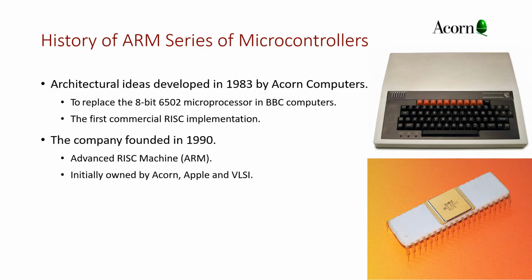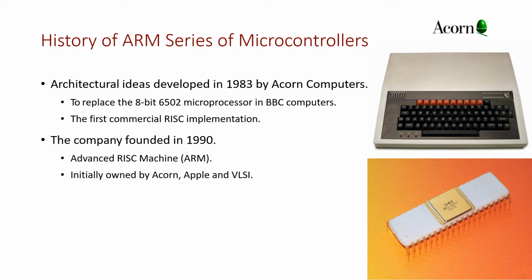So the main purpose is to replace the 8-bit microprocessor 6502, which was used in the BBC computers. So they developed the BBC computers. In those computers, they used an 8-bit microprocessor 6502. So they wanted to replace this one.